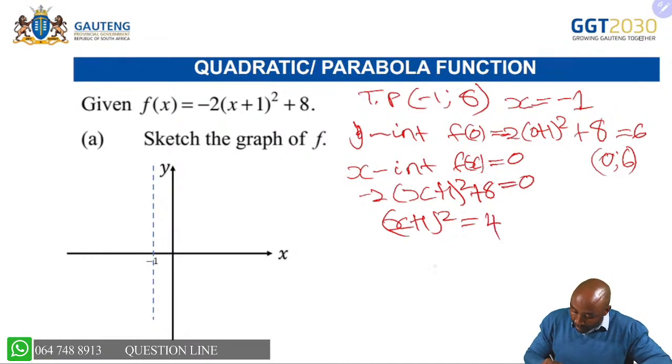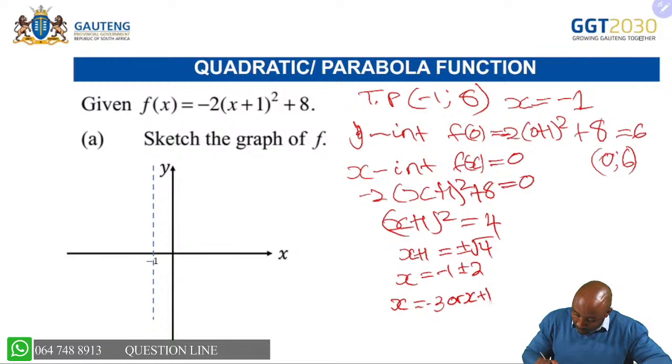And from there, we know that this will give us x plus 1 is equal to plus or minus the square root of 4. And this will give our x as -1 plus minus 2. And we are able to get our x as -3, or our x as +1. So we are able to get our x-intercept as (-3, 0).